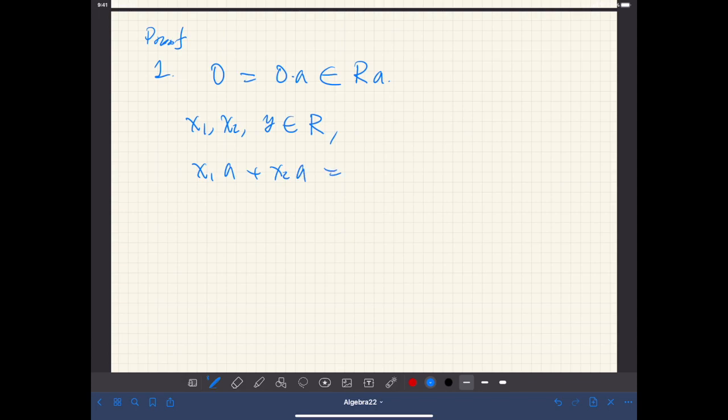Since we are considering a ring, we can use the distributive law, and that is x1 plus x2 times a, which is some element of R times a, so it's an element of Ra.